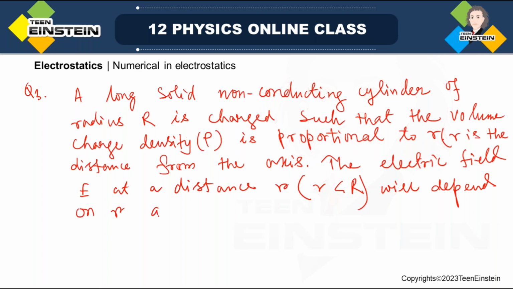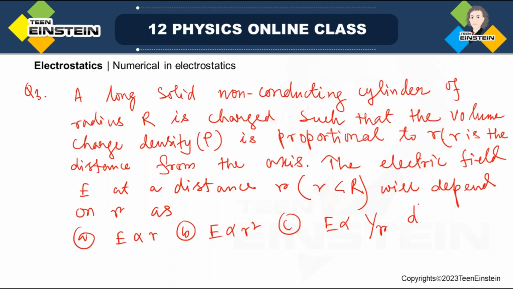There are options: A, E directly proportional to r; B, E proportional to r square; C, E inversely proportional to r; and D, E inversely proportional to r square. We have to choose the correct answer.